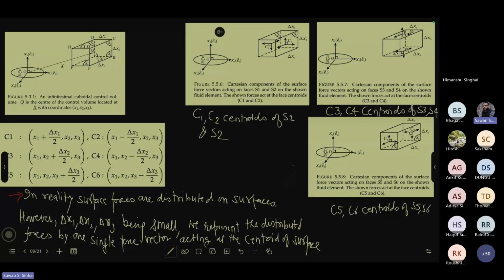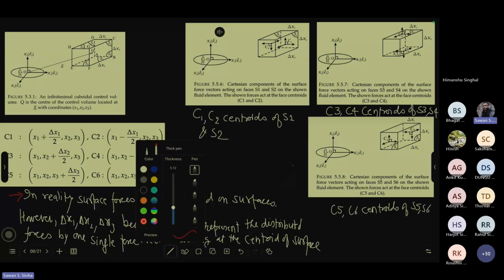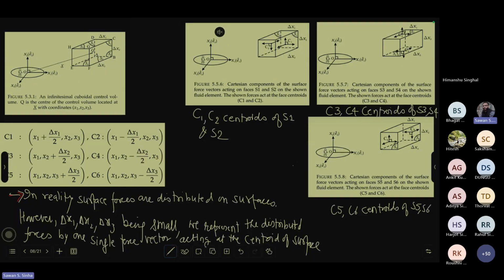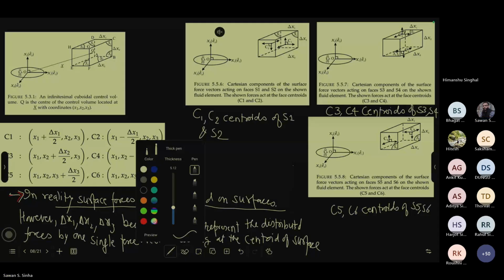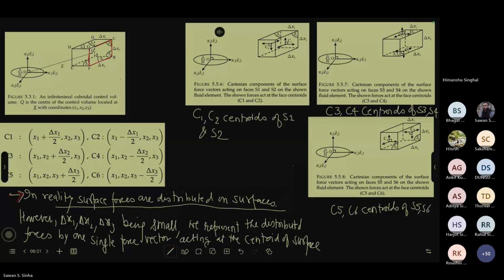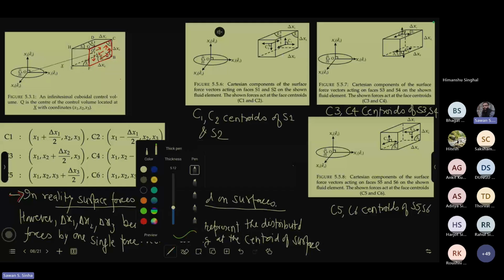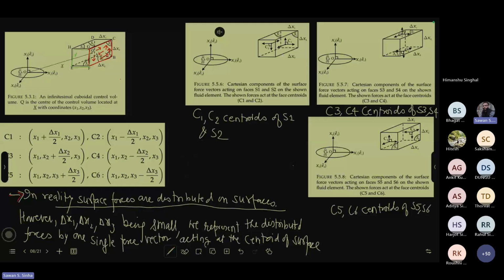As I mentioned about 5 minutes ago, in reality, surface forces are always distributed on surfaces. They don't act at a point. So if I have to talk about surface forces on this surface, they are distributed. It's a distributed force system, something like this. If you go to another surface, the surface forces will have a distributed distribution.